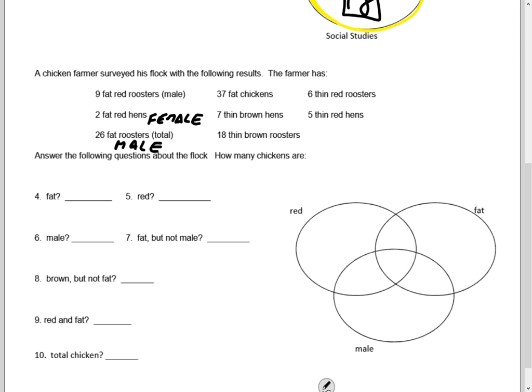Once again, let's find our main intersection. Is there something up there describing this center section of fat, red, and male? 9 fat roosters. 9 right in the center. Then we start looking for intersections.